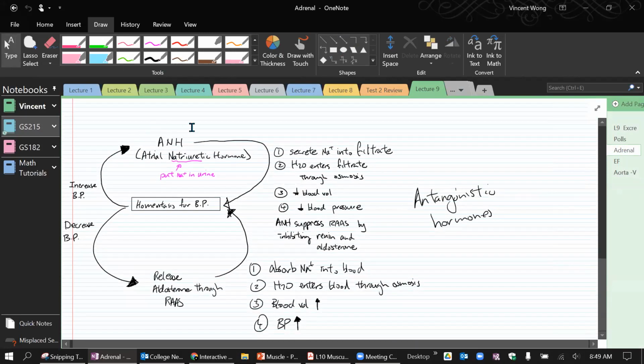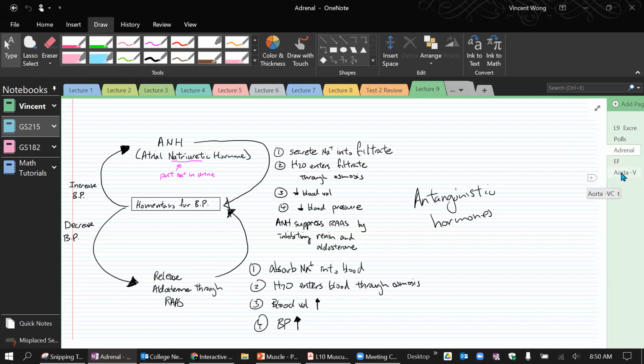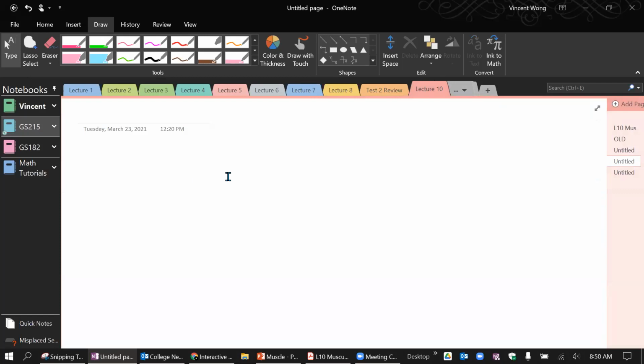How ANH and RAAS are antagonistic pairs. So you have homeostasis for blood pressure, and when blood pressure goes up, ANH will bring it back down, and if blood pressure drops, RAAS will bring it back up. In a very similar manner, that's what happens with calcitonin and PTH.